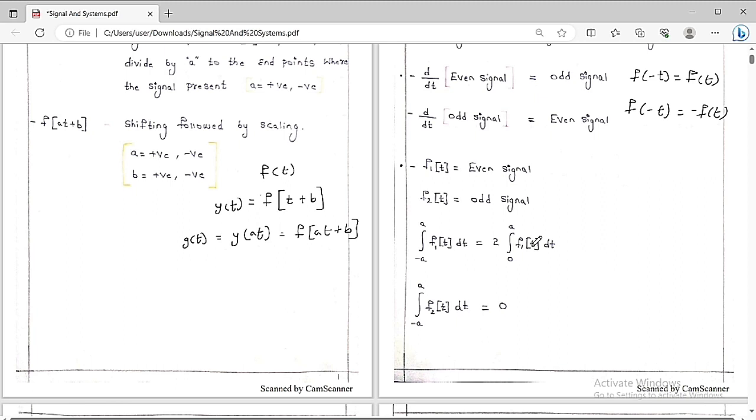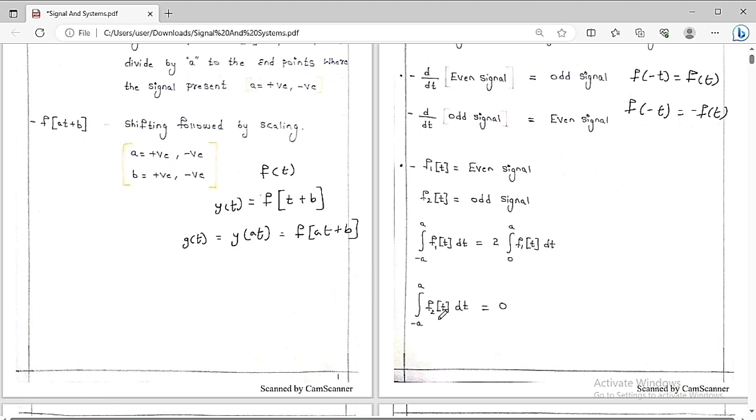So if f1 of t is an even signal, then the integration from minus a to a of f1 of t dt is equal to 2 times the integration from 0 to a of f1 of t dt.